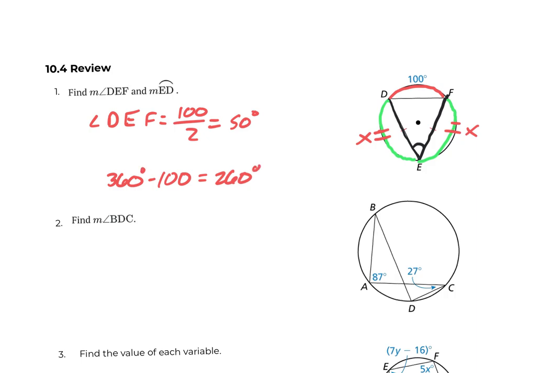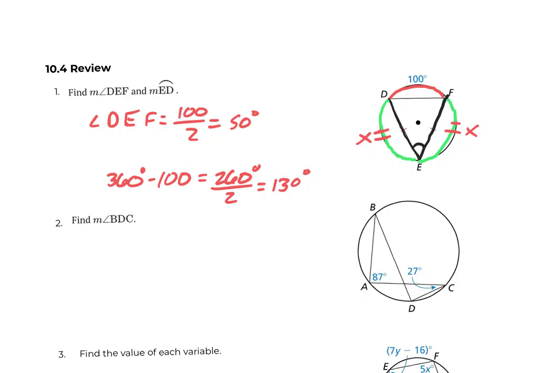Okay? And so because this is going to fill up the rest of my circle, right? I'm going to take that 260, and because I know those two are congruent, then I can divide both of those by 2. And so each one of those. I know it doesn't ask us to find FE, but guess what? We found it, okay? Because we know ED and EF are the same.